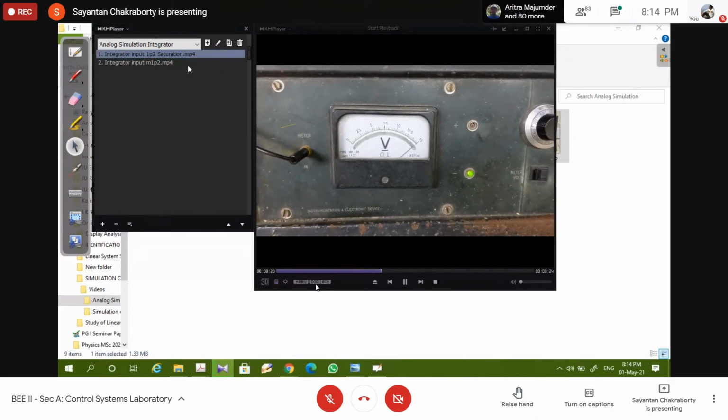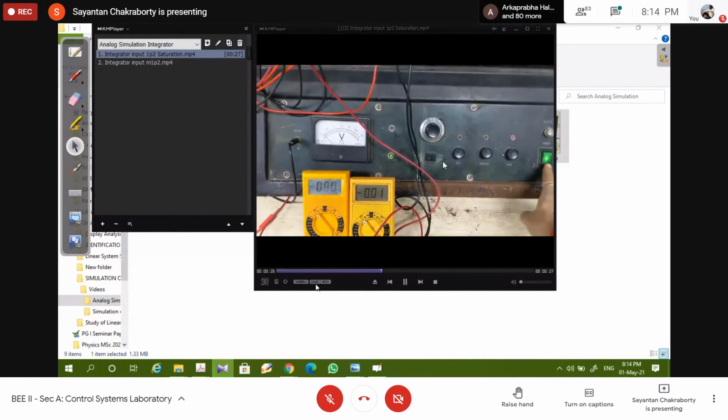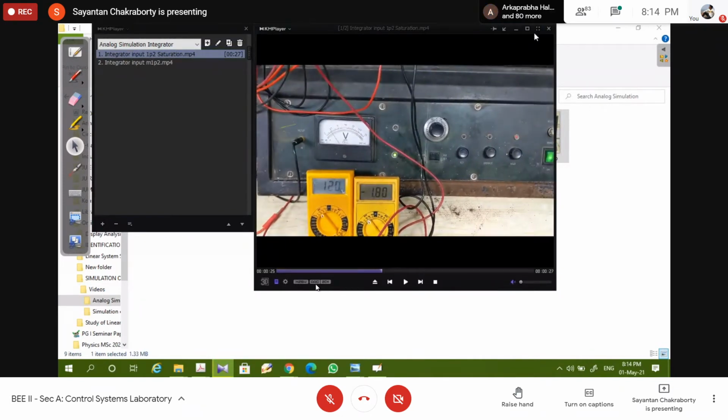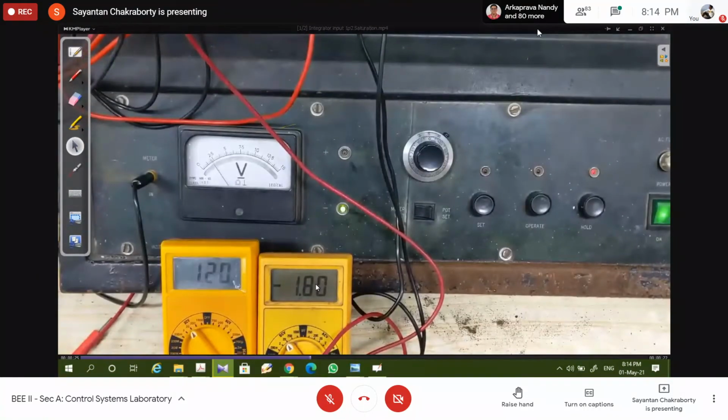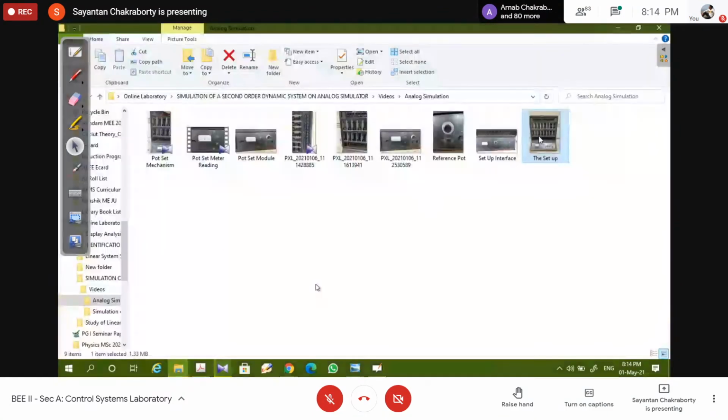Instead of the previous video, let me switch over. See the connection I've made: I've connected plus 5 volt to the IC terminal of the integrator. What is the IC terminal? Let us look at the setup.